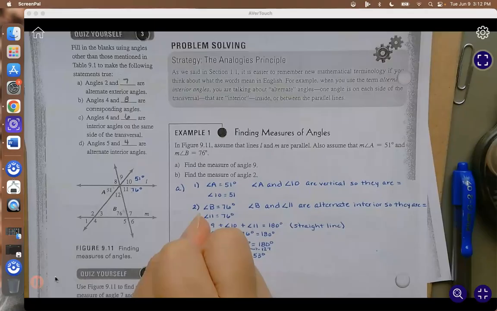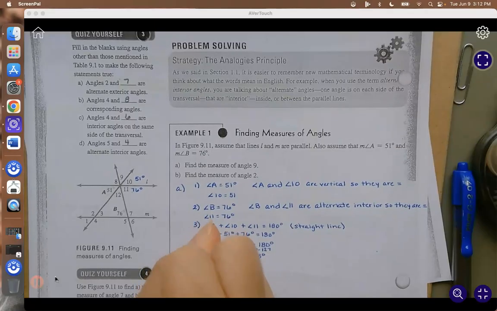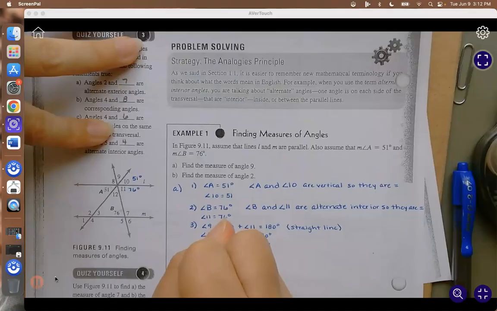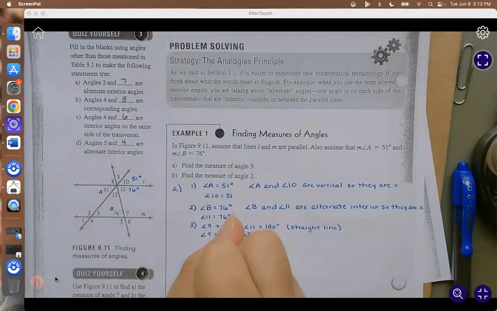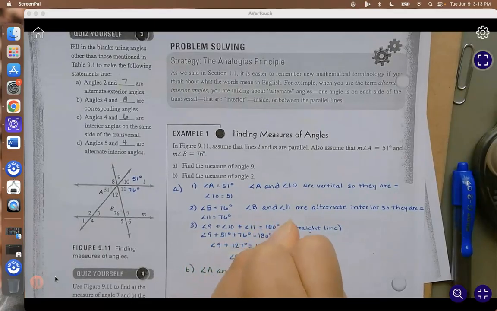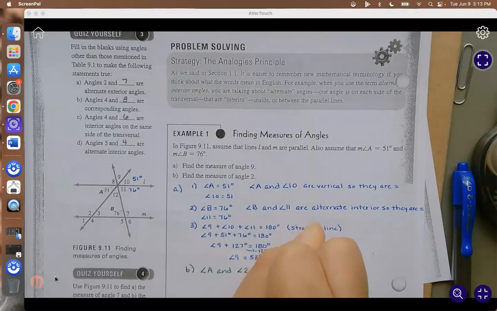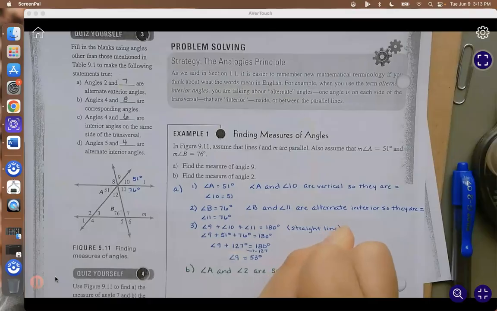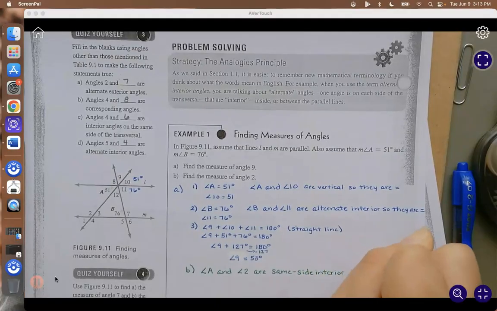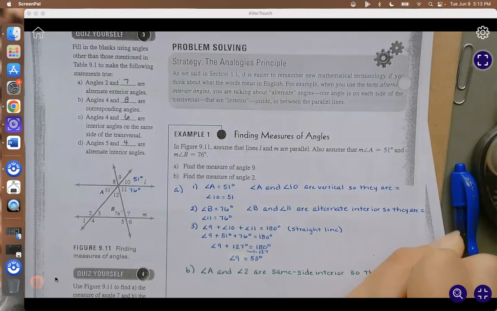Now let's find angle 2. Angle A and angle 2 are same side interior. So they equal 180.